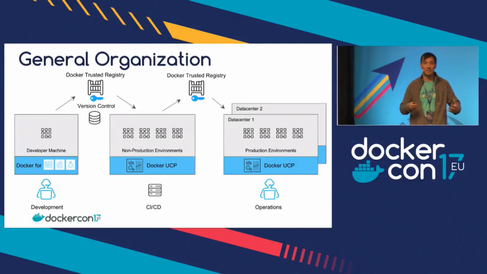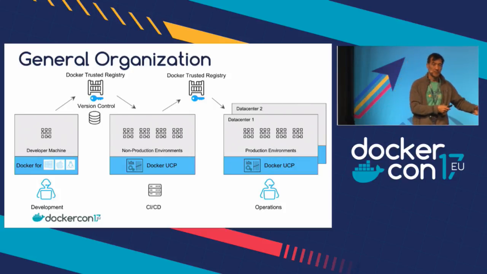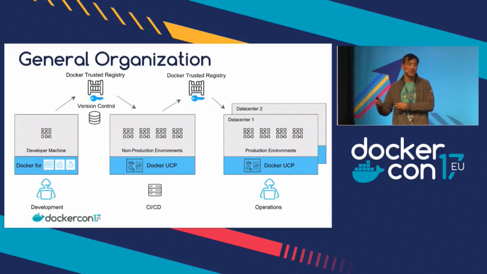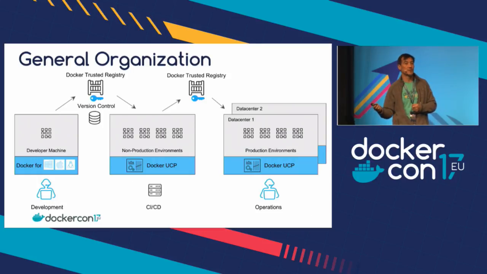In the middle, you have maybe some CI/CD people or already a bunch of tooling in place. You have developer machines, you have non-production environments, and then you actually have production environments. The production environments may be going across several data centers or even up into the cloud. Between those different clusters, you might have different Docker trusted registries that you're doing image promotion into.